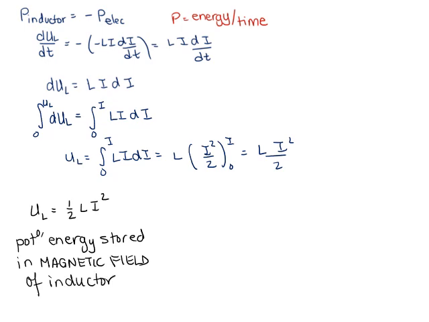This feels like a good place to remind ourselves of the result we had for a capacitor. For a capacitor, we had that UC was 1/2 times C times delta V squared. So the potential energy stored in the electric field of a capacitor was 1/2 times the capacitance times the potential squared.